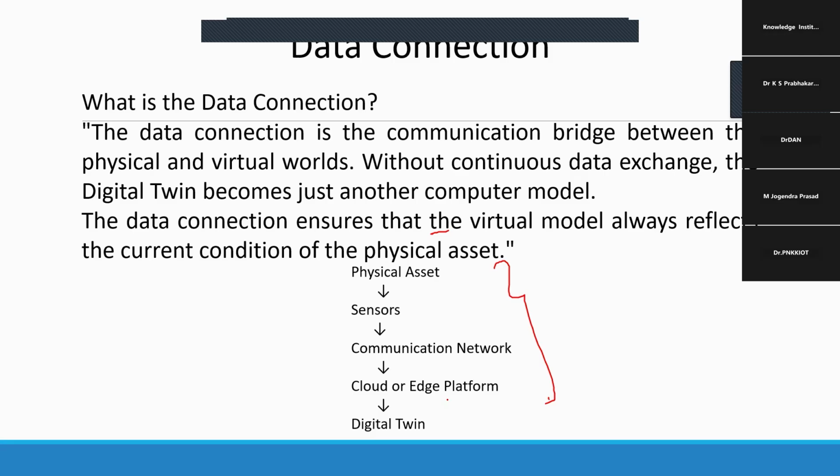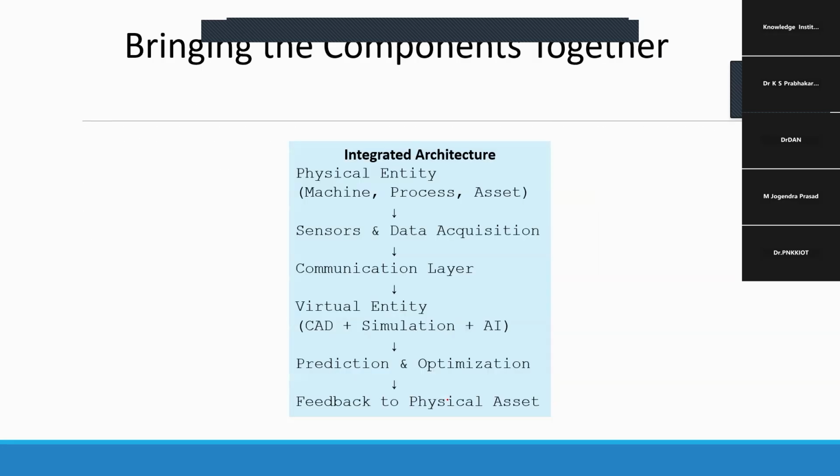The model will be developed using CAD models, and by using FEM you can do the system analysis. Then there are AI-based models. Finally, visualization interfaces such as dashboards and 3D platforms help the engineer to monitor and control the system. So that is basically the overall picture of how the digital twin evolves. You can see it.